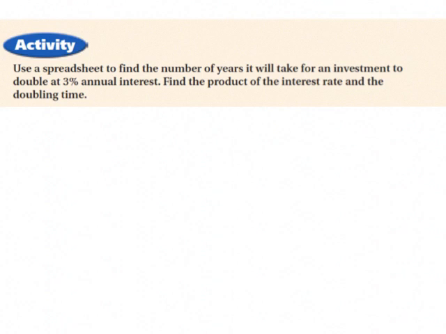Now, the compound interest formula is this right here. It says A, which stands for the amount, is equal to P, which is your principal.